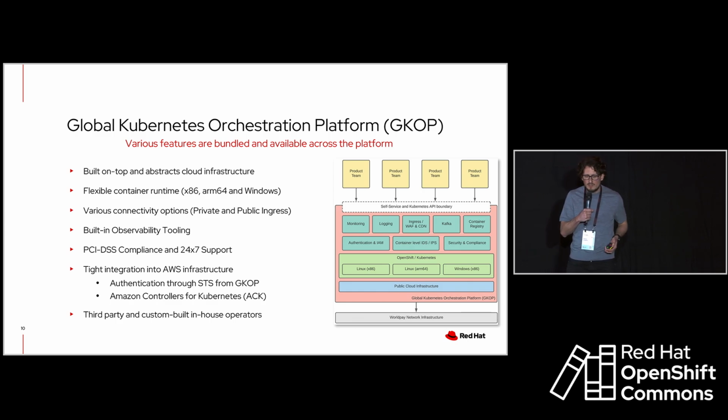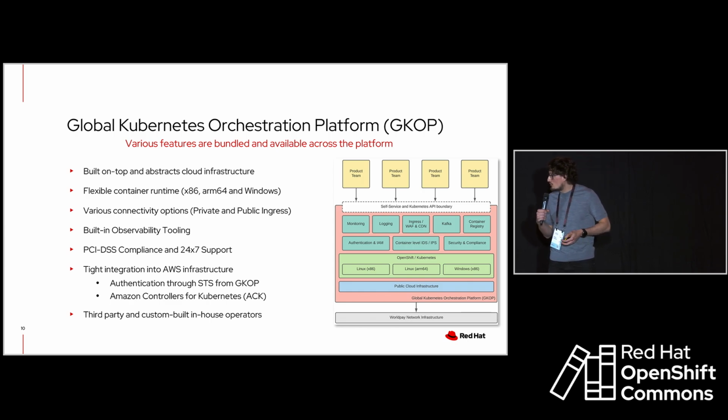Essentially, as you know, STS provides short-lived tokens. So the integration from GCOP allows our consumers to access their resources in their AWS account. This was really a game changer for us, because they don't need to have credentials embedded as secrets within their applications. They can use STS, so it increased the security.